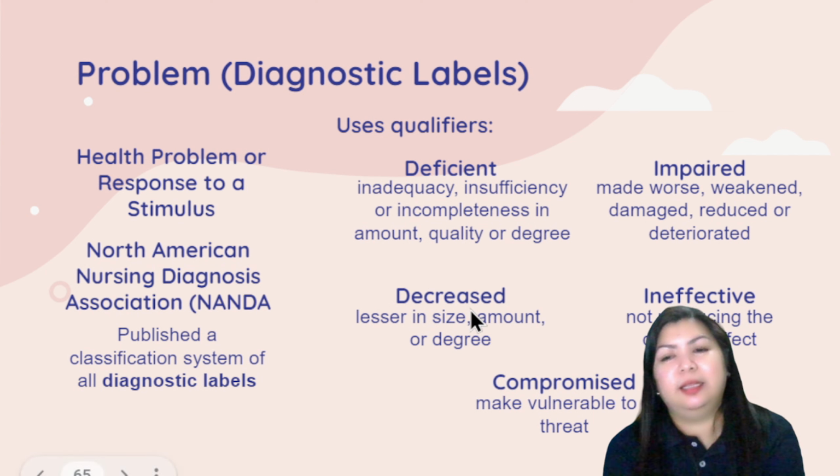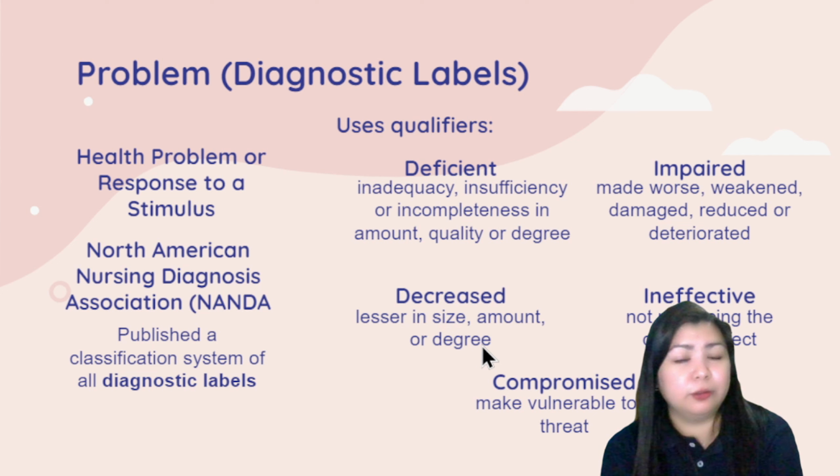Then you have decreased, pertaining to lesser in size, amount, or degree. Then you have ineffective, meaning it is not producing its desired effect, or compromised, to make vulnerable to a threat. So these qualifiers are added to the diagnostic label to be able to describe them even further.